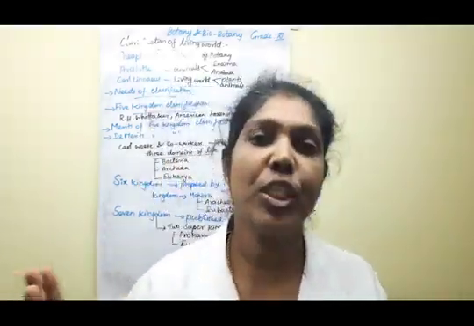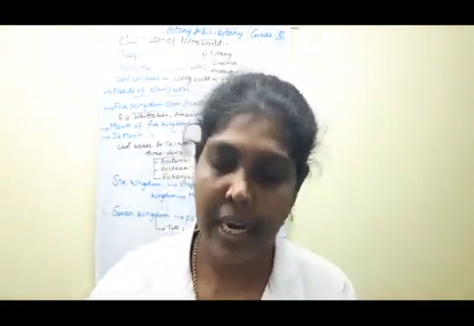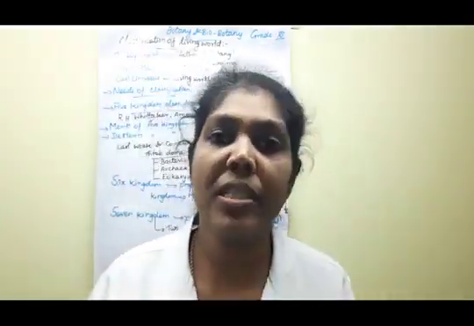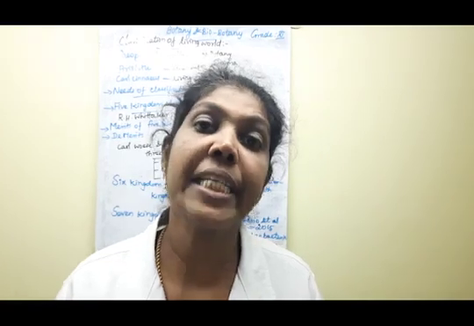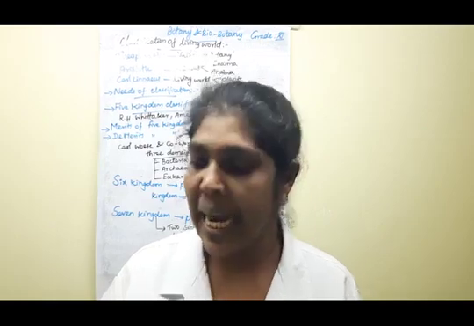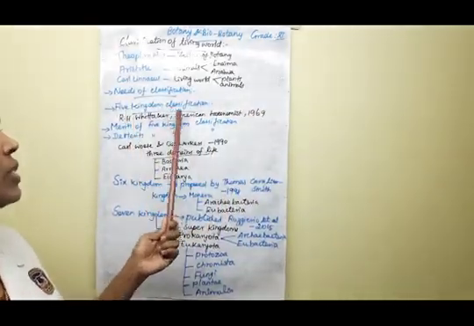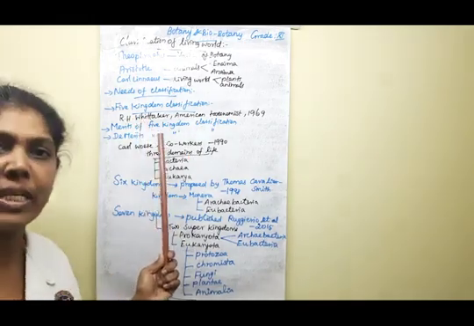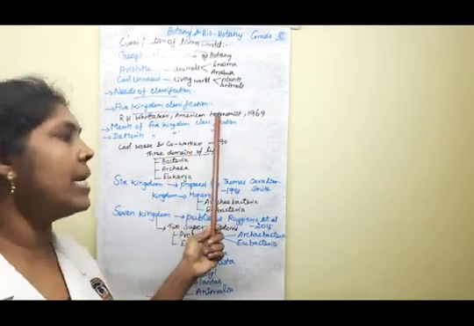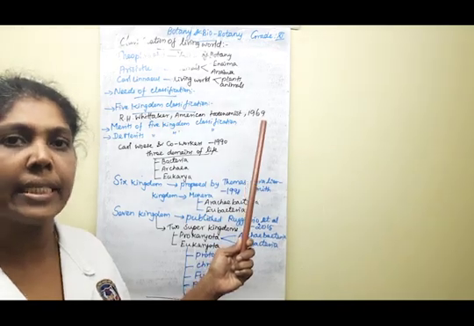We are going to learn the five kingdom system in detail. It was proposed by R.H. Whittaker, an American taxonomist, in the year 1969.